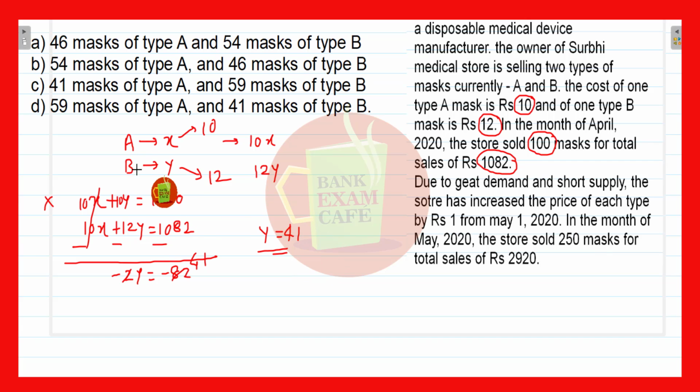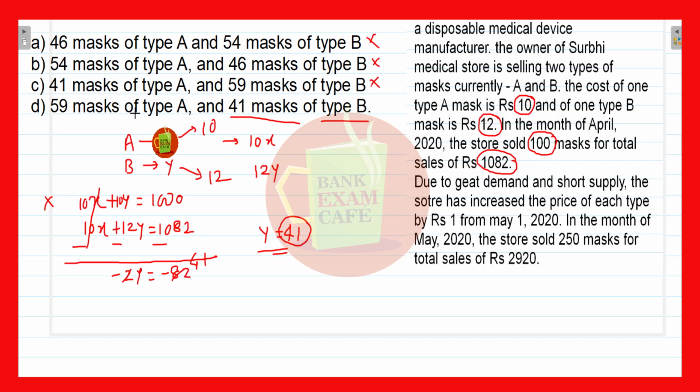It means that the number of B type masks sold was 41. In option D there are 41 masks of type B sold, and in no other option is this number. So this is not correct, this is not correct, and this is also not correct.